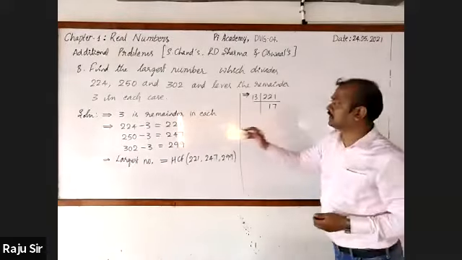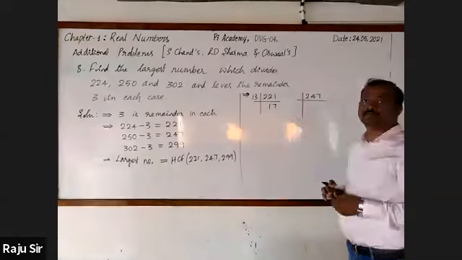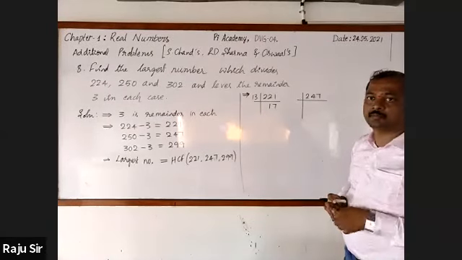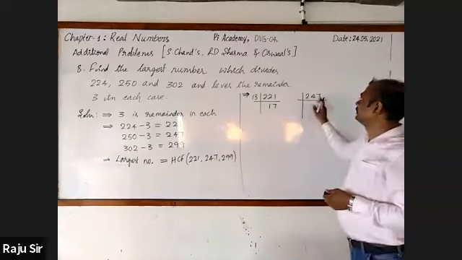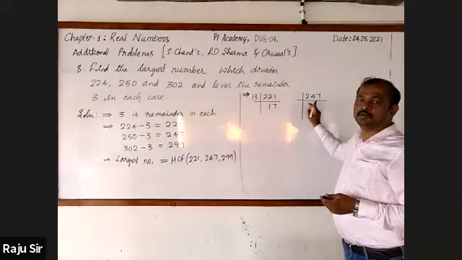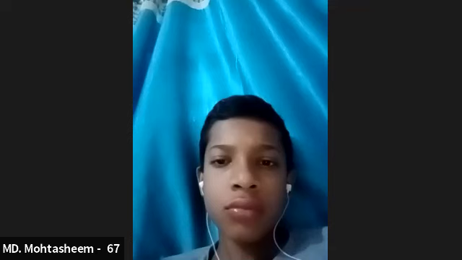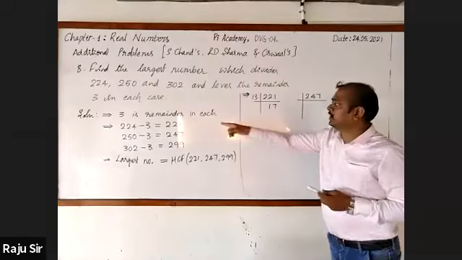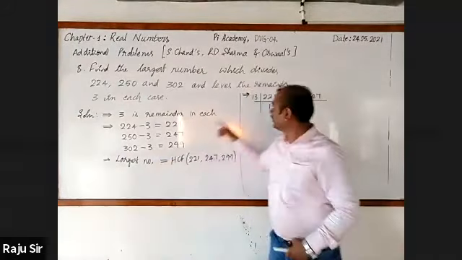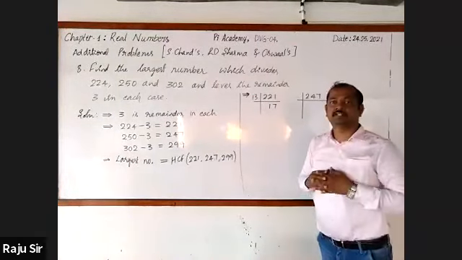Next, the second number is 247. By which number? 3 won't work, because 9 plus 4 is 13. One general thing that can be noticed is, as we are going to find out the HCF, obviously any one of these two factors will be the HCF, right?